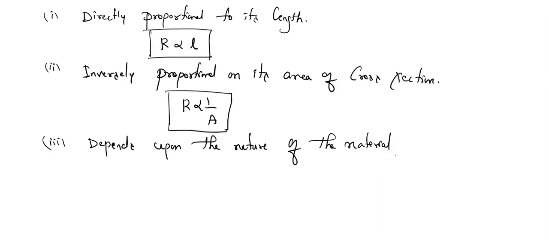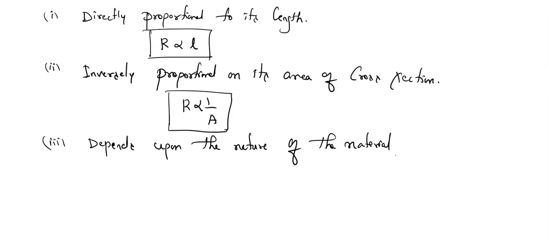See children, all the materials are not made with the same configuration or the same raw materials, right? Every material has its own value, its own properties. Am I right? So here also it depends upon the nature of the material. Which material you are using, it depends upon that. As you can see, the quality of steel and the quality of iron, are both the same?